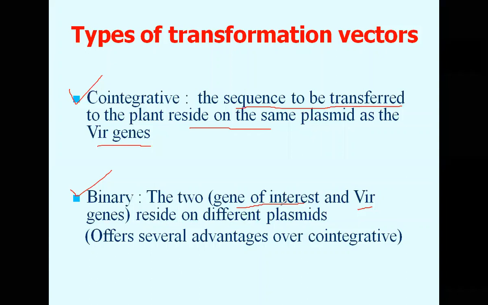So binary means there are two plasmids, right? One carries the gene of your interest and the other one carries the Vir genes. So this is called binary vector system, and this is called co-integrative strategy, co-integrative mechanism, wherein the gene of your interest, the marker gene, as well as the Vir genes, all of them are located on the same plasmid.